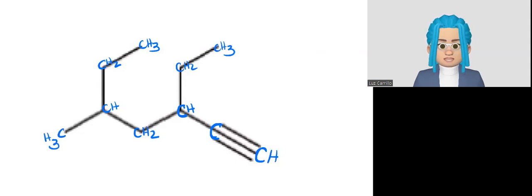So the first thing that we have to identify is what is the longest carbon chain of atoms here. When we explore throughout the molecule, we see that the longest parent chain is 1, 2, 3, 4, 5, 6, 7 carbons in length.